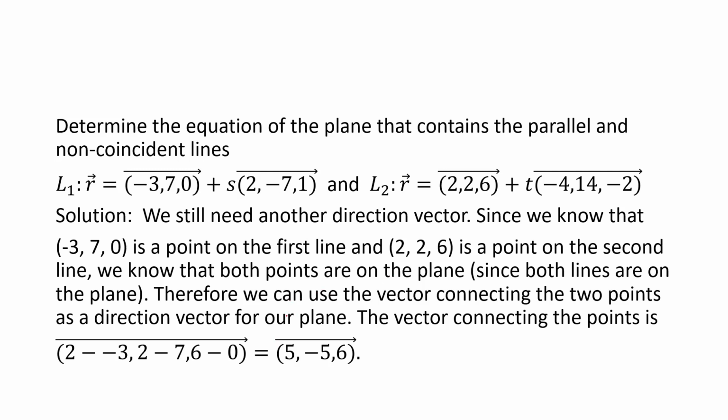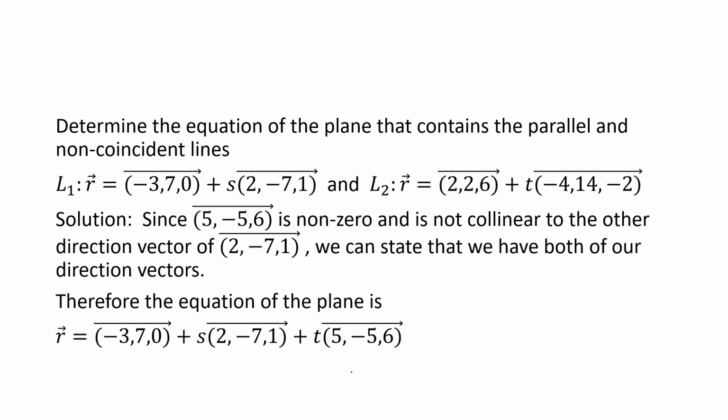So that vector between -3, 7, 0 and 2, 2, 6 is equal to 2 minus -3, which is 5, and 2 minus 7, which is -5, and 6 minus 0, which is 6. And so we have our second direction vector.